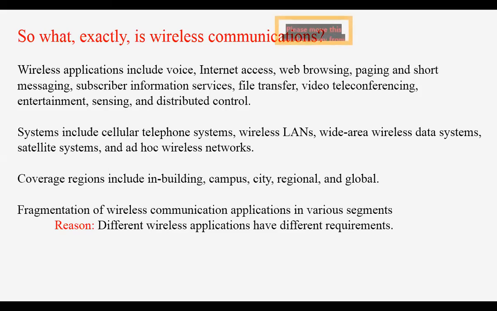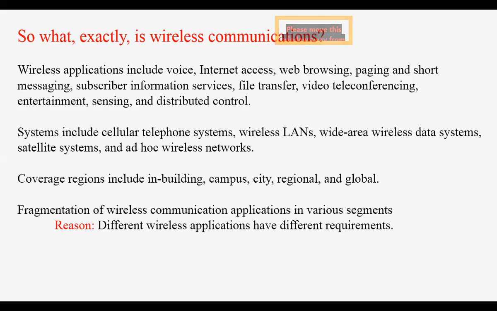The systems include cellular telephone systems, wireless LANs, wireless wide area data systems, satellite systems, and ad hoc wireless networks. All these are very, very important wireless communications. Coverage regions include in-building, campus, city, and across the globe. So everywhere we can connect.